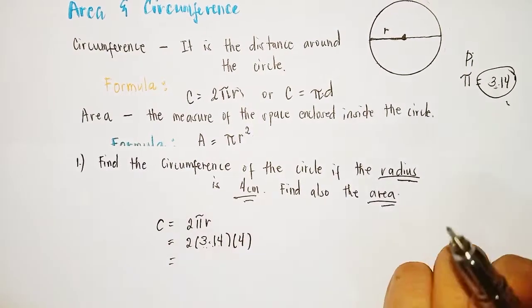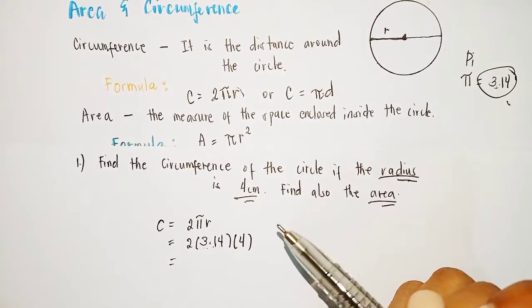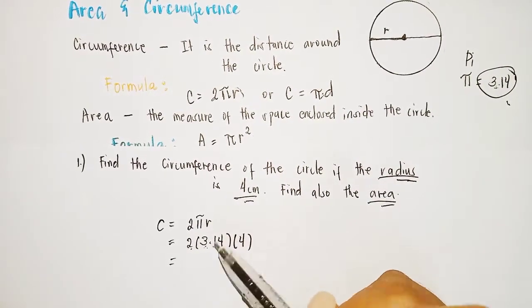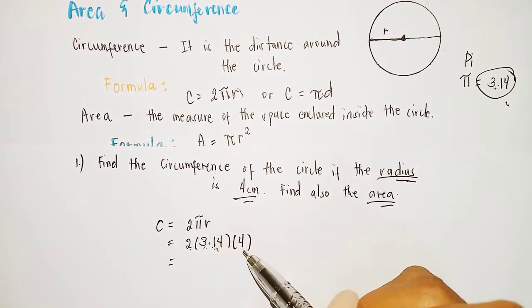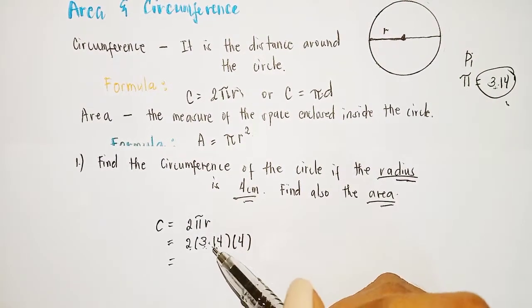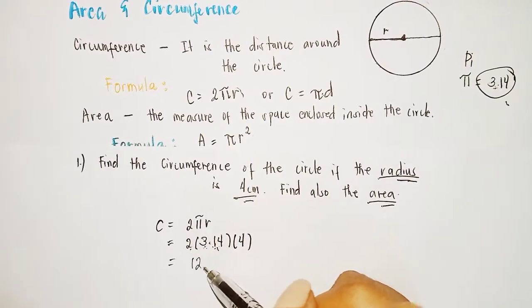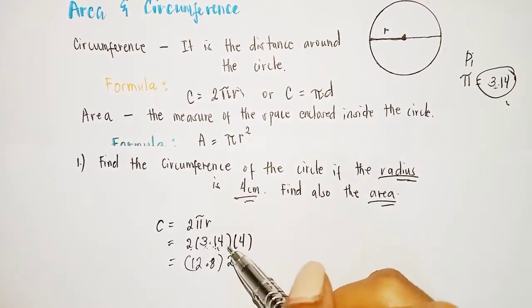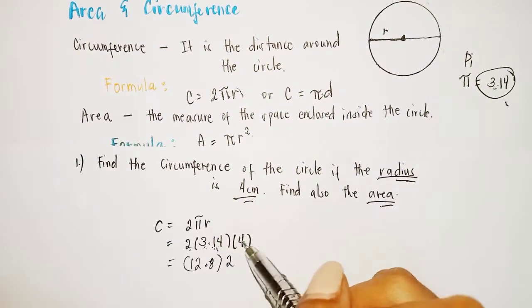And, it depends on you kung alin yung gusto nyong unahing i-multiply. Like, pwedeng 2 times 3.14 muna. Pwede din namang 3.14 times 4 muna. And, unahin natin si 3.14 times 4. That is equal to 12.56 times 2. Alright, dahil inuna natin si 3.14 times 4.